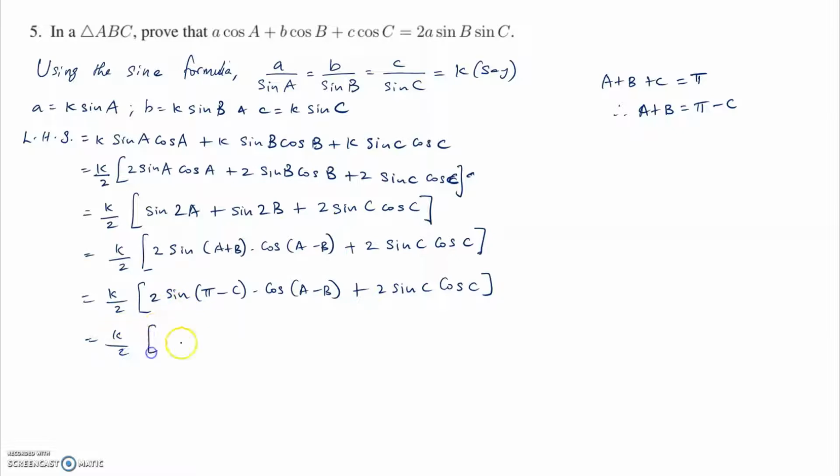So this becomes 2 sin C cos A minus B plus 2 sin C cos C.